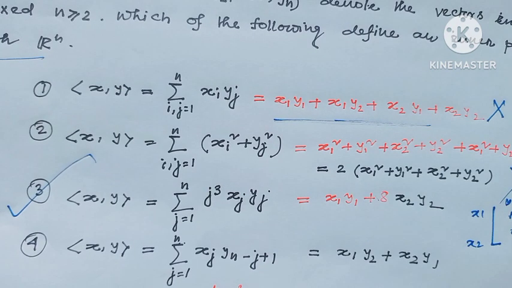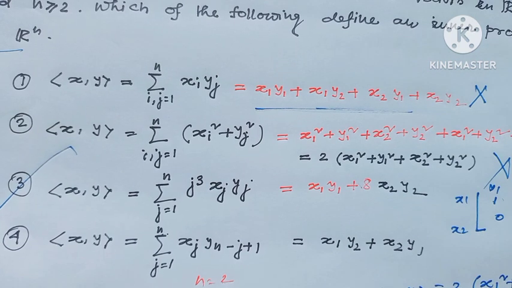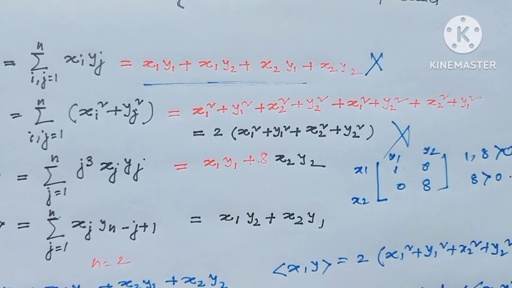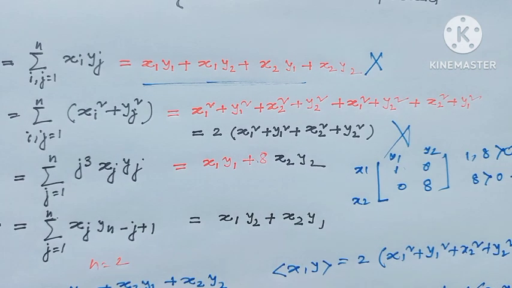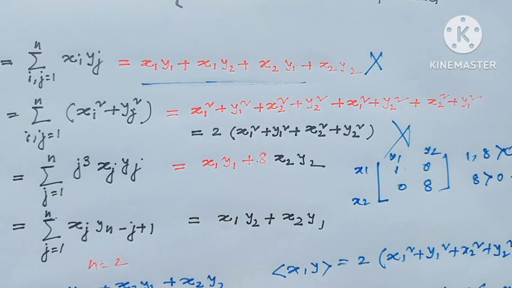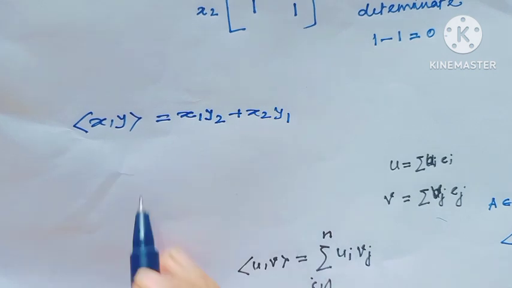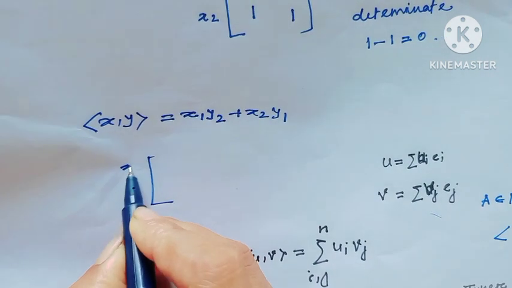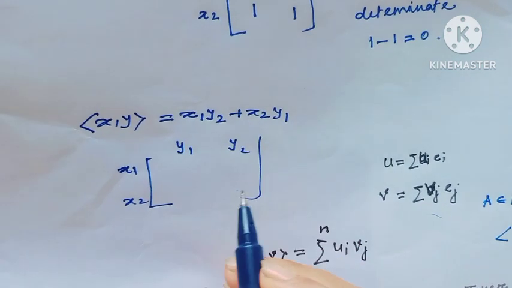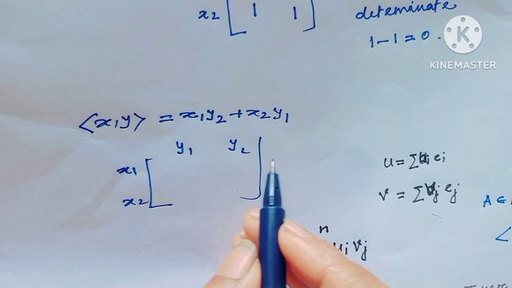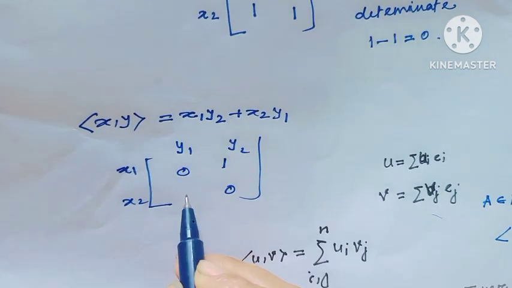So we can tell easily by matrix representation this is an inner product. Next, inner product xy equal to summation j equal to 1 to n of xj y at n minus j plus 1, which we can write as x1 y2 plus x2 y1. Therefore the matrix representation would be x1 x2, y1 y2, and the matrix would be of the type 0 1, 1 0.